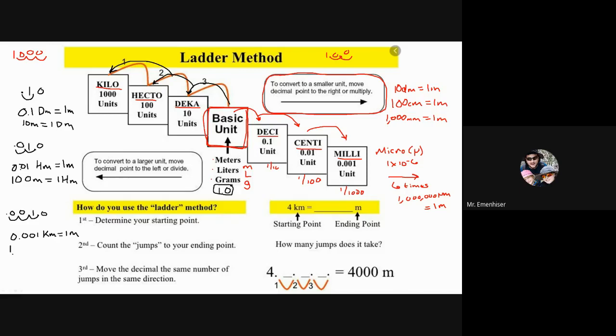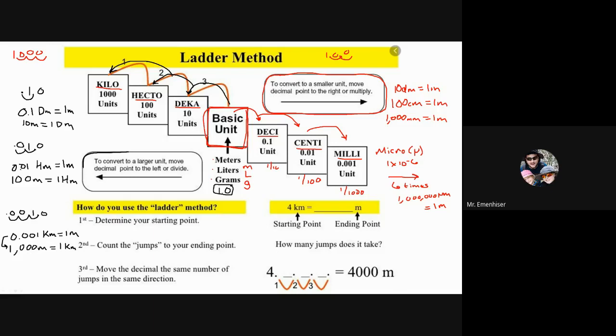Or there are 1,000 meters and 1 kilometer. And what I'm doing to get from here to here, if you're curious, is I'm multiplying both sides by 1,000. And then I'm also switching it, so I hope that's not confusing. But I'm hoping you guys are seeing how I'm moving my decimal point.